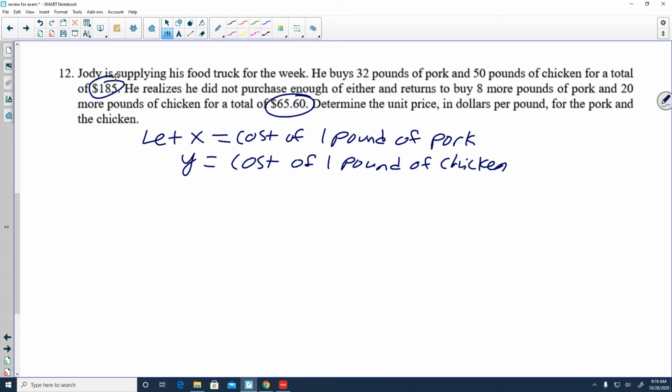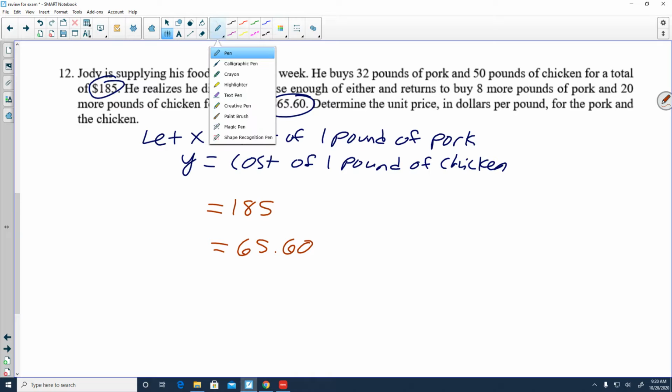All right, so now let's see what our equation is. Our first total is 185, so one of our equations has to equal 185. And then our other total is 65.60, so our other equation has to equal 65.60. Let's break this down. Okay?